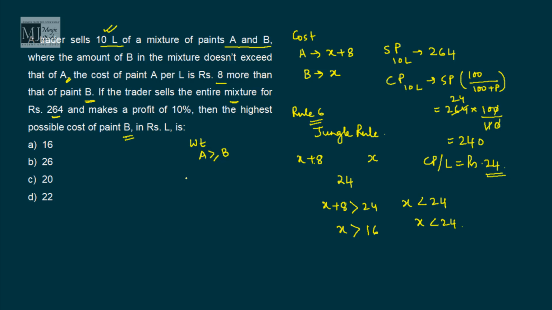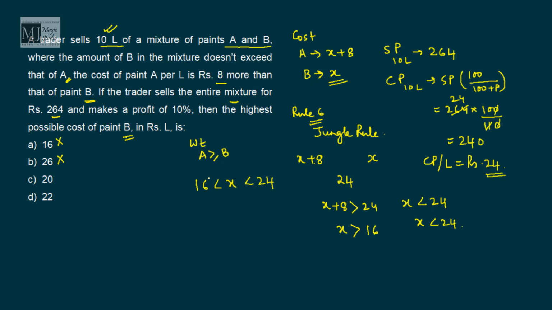That means x should lie between 16 and 24, not equal to either. So I can easily cancel out options 16 and 26. The question asked is the highest possible cost of paint B, that is rupees x per liter.